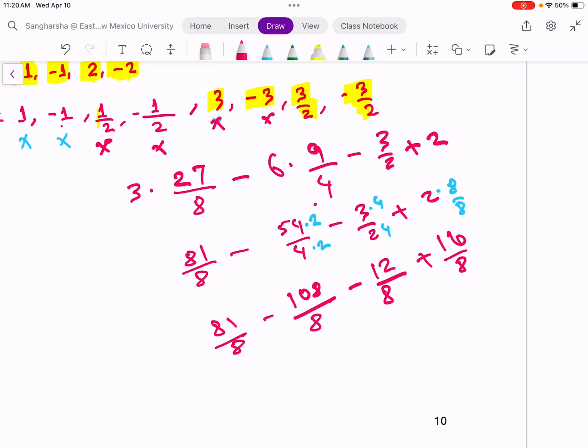Okay, 81, so this is positive. 81 plus 16, that is 97 over 8, right? Minus 108 minus 2. We don't get 0 here. Okay, should be the negative 3 over 2. That should be our last option here.